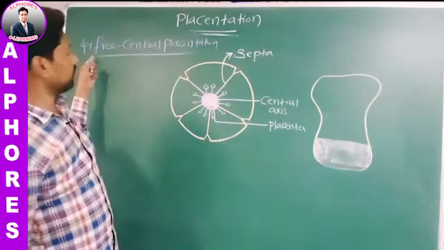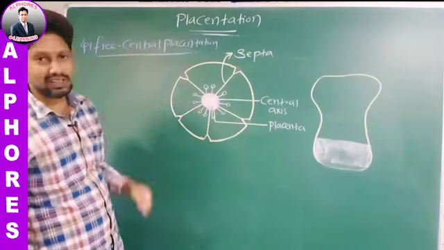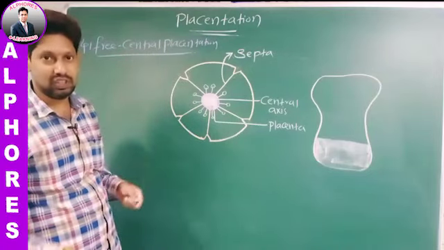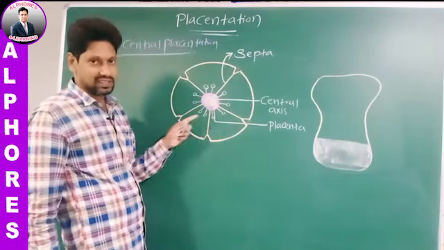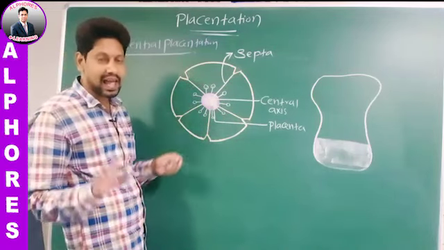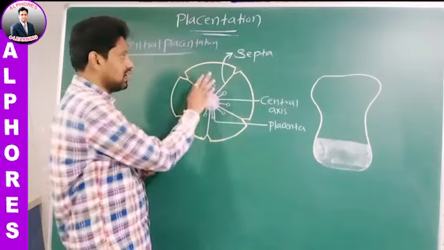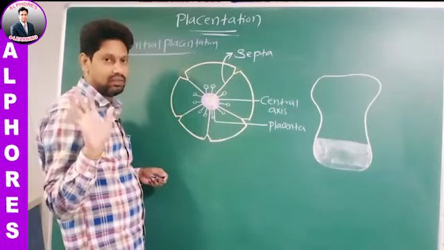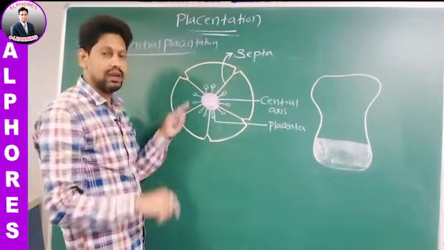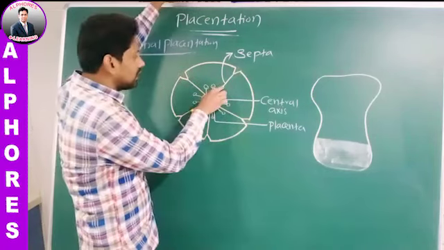Go for the fourth one: free central placentation. Once you see this diagram, this is axial placentation. In this diagram, 5 locules are there, pentalocular.